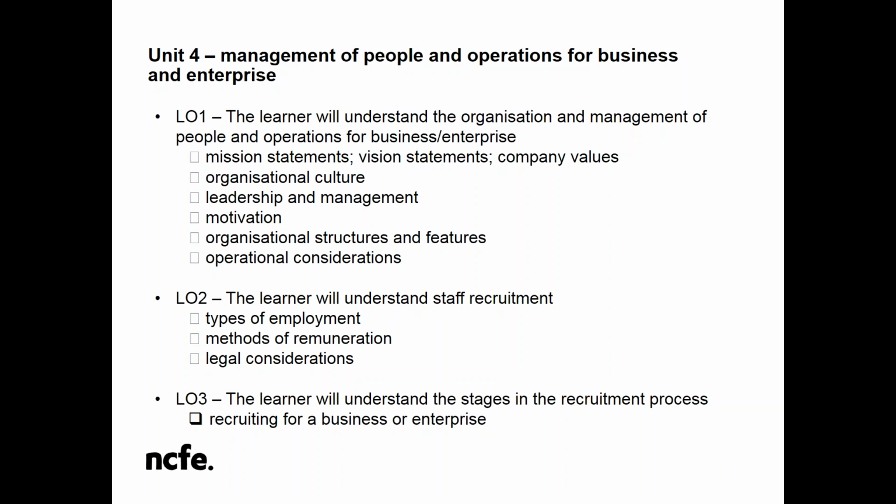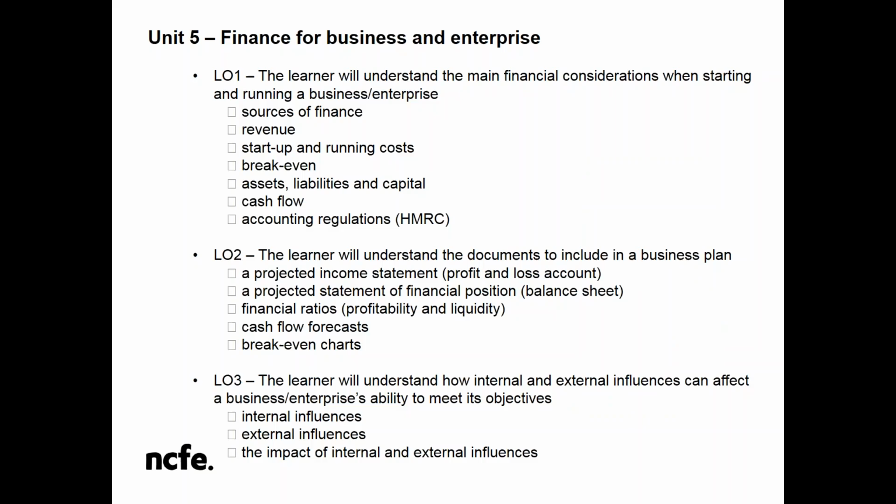So that would be for the pass and the merit. In terms of a distinction at that level, you'd be looking for a more detailed explanation, again explaining whether there is any interrelationship between the different types of leadership models, or if there are some common themes, or some key differences. So hopefully that answered that question on Unit 4.